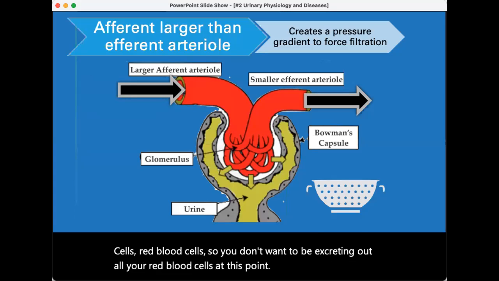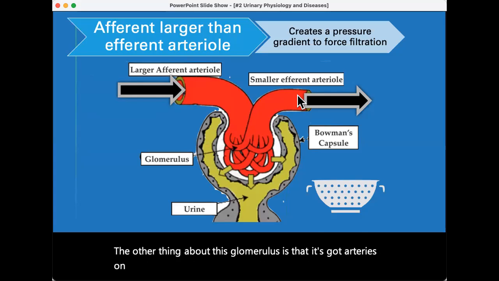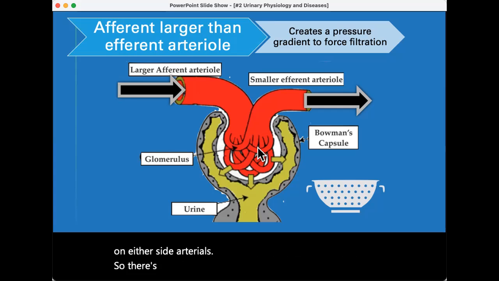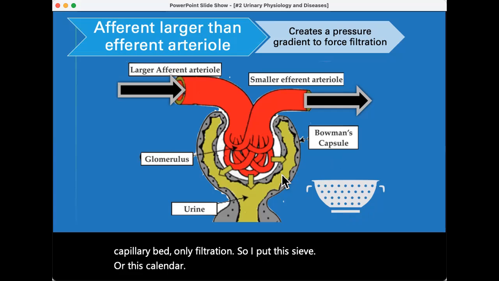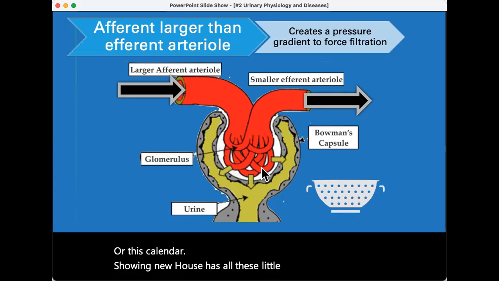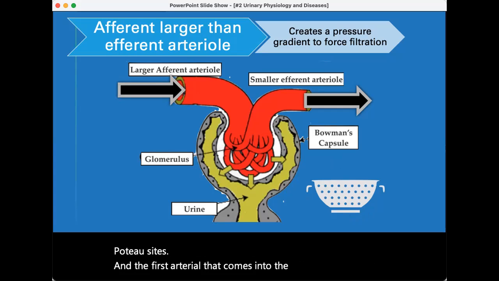The other thing about this glomerulus is that it's got arteries on either side, arterioles. So there's no exchange of oxygen happening here at this capillary bed, only filtration. So I put this sieve or this colander showing you how it has all these little holes surrounded by podocytes. And the first arteriole that comes into the glomerular capsule is larger.